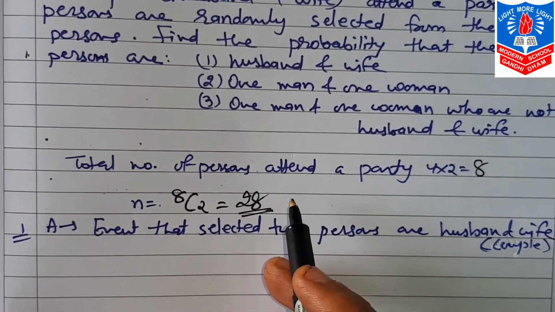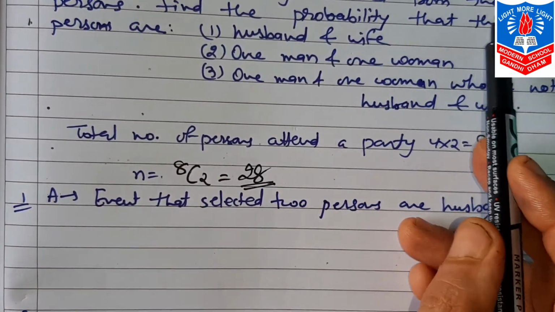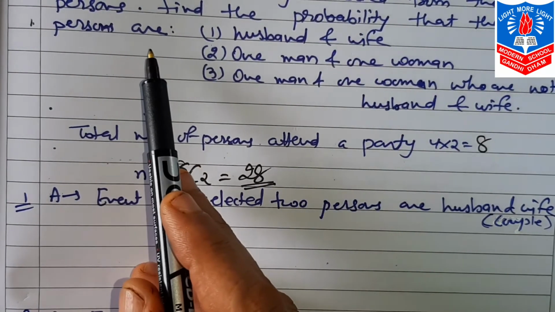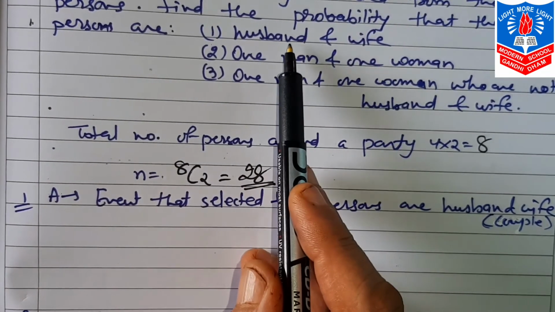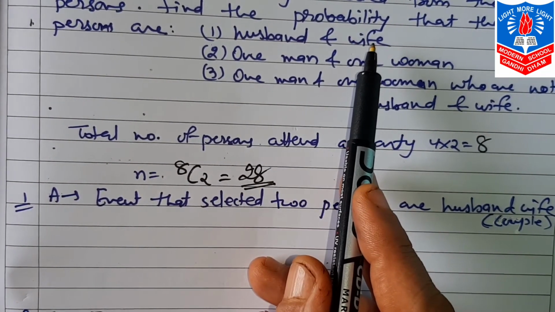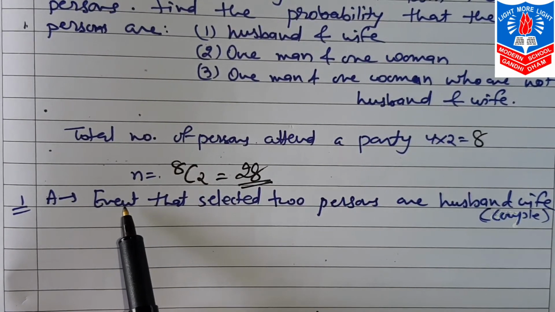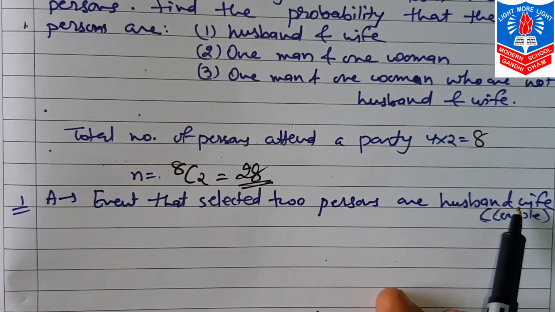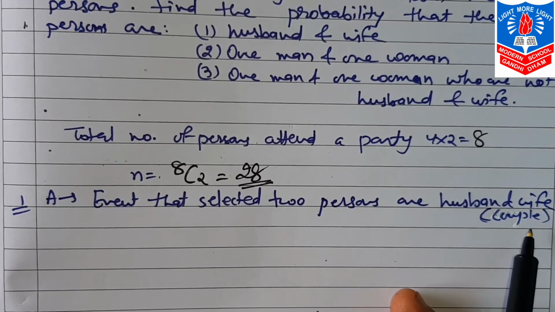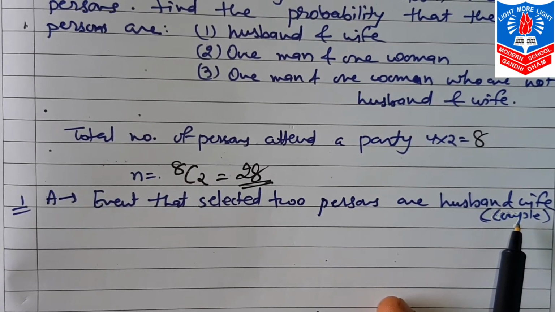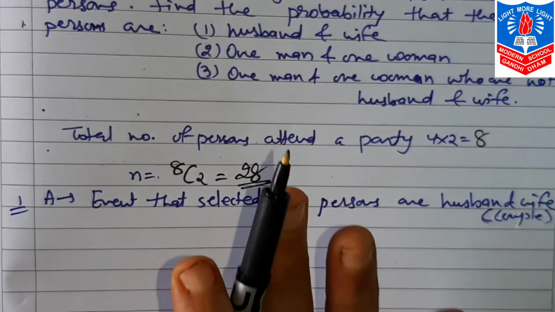Now first, find the probability that the selected persons are husband and wife. We assume event A is that the selected 2 persons are husband and wife, a couple. It is already given in the question that there are 4 couples.